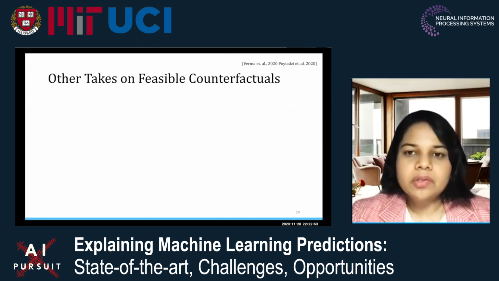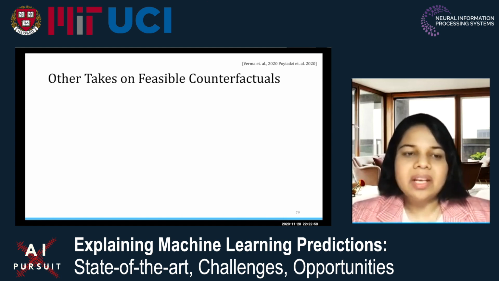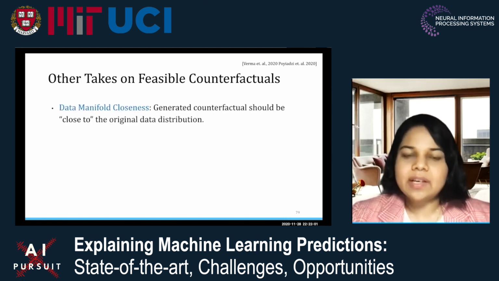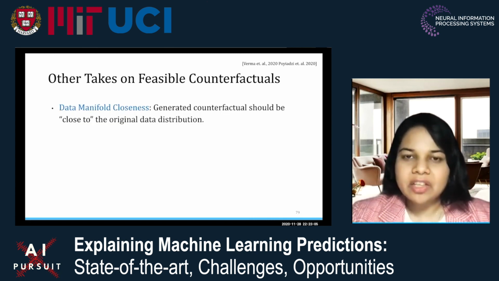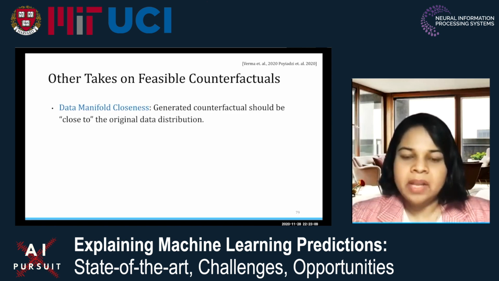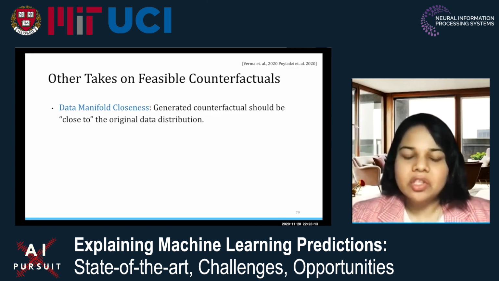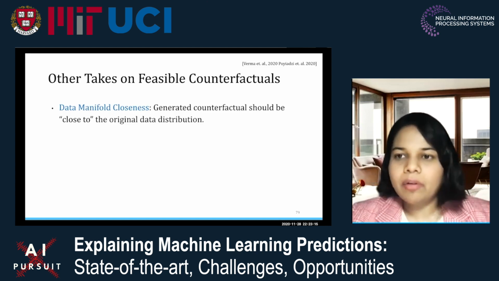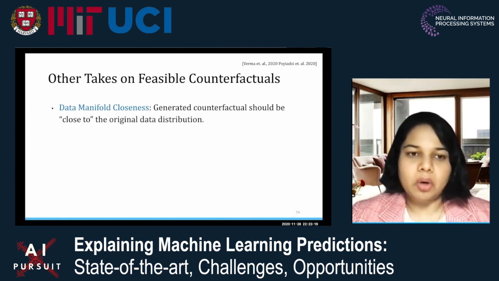Now, other notions of feasible counterfactuals have also been proposed in literature. For example, one notion is based on the idea of data manifold closeness, where the goal is to generate a counterfactual which is actually close to the original data distribution. This basically uses the intuition that counterfactuals which are actually very far off from the original data distribution may not even be valid data points.